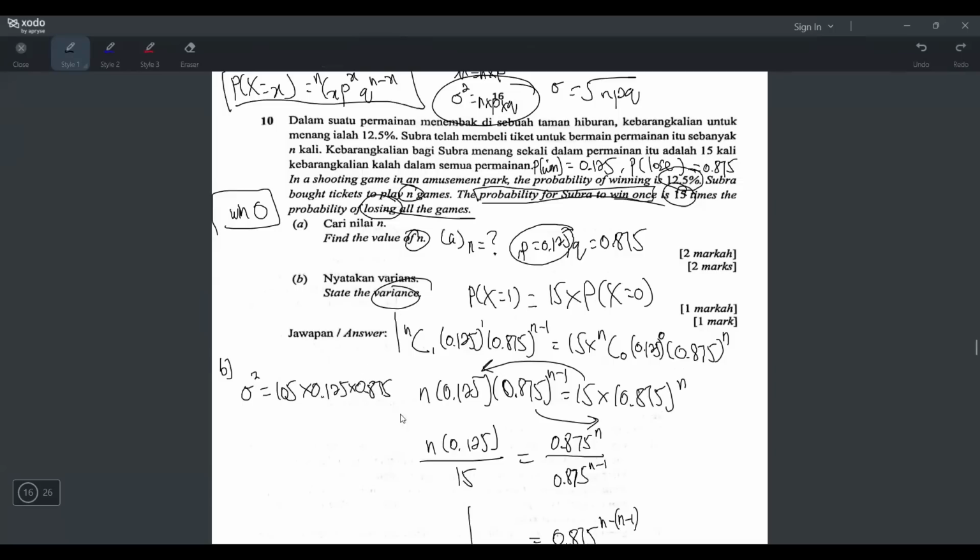So you press this, you get your answer already. No square root for this one, variance has no square root. If it's standard deviation, then you need the square root. So press all this, what do you get? 105 times 0.125 times 0.875. My calculator gives me 735 over 64. If you change to decimal, it gives many decimal places, right? So I think I'll just write in fraction lah, because if it gives many decimal places, in that case I usually prefer to write in fraction.